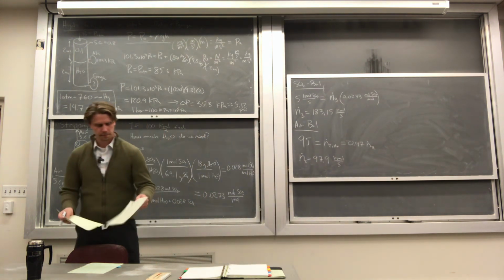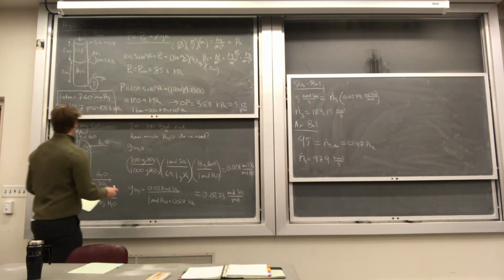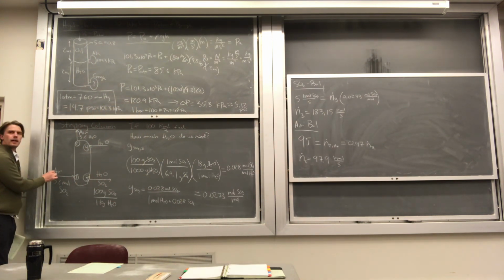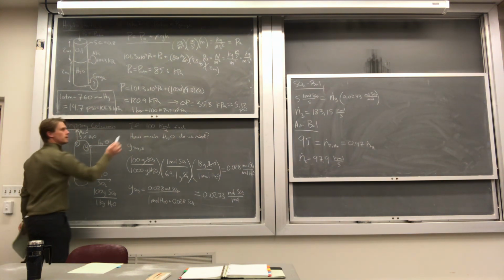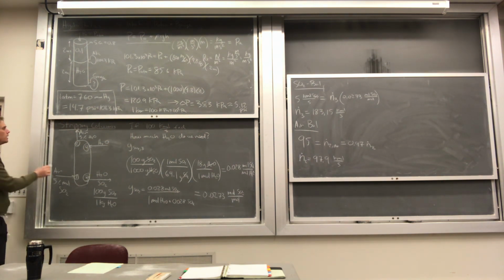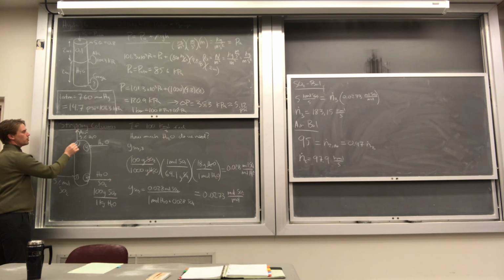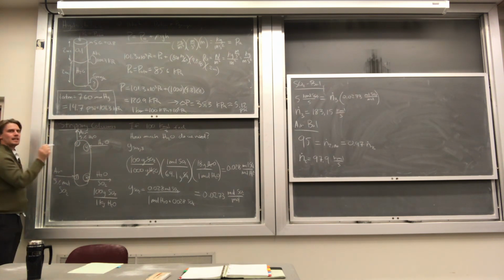Sorry, where's that coming from? Because we have 95 kilomoles per second of the air coming into the system. So if it's 5% sulfur dioxide, that's 95% air. So that gives us, from our basis, 95 kilomoles per second of air coming in. The total flow rate of stream 2 has a total composition of 97% air. The 3% is water.